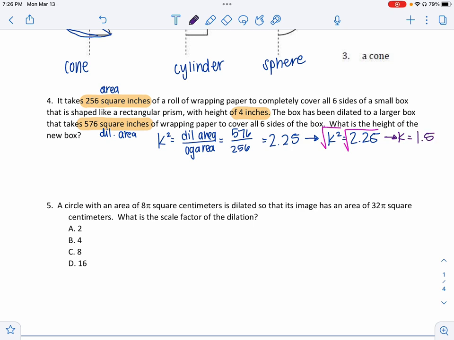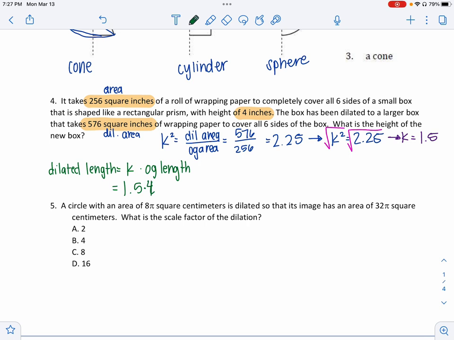That's just the scale factor. That just shows you how much the height is going to be dilated. So since height is a length, the new dilated length or height is going to equal the scale factor times the original length or height. So that's 1.5 times 4, which means that the new dilated height equals 6 inches.